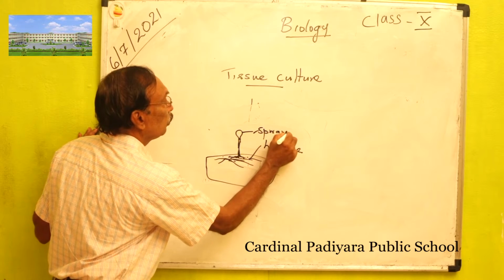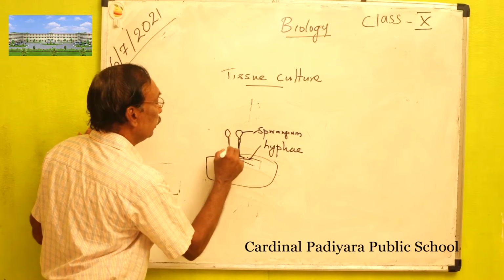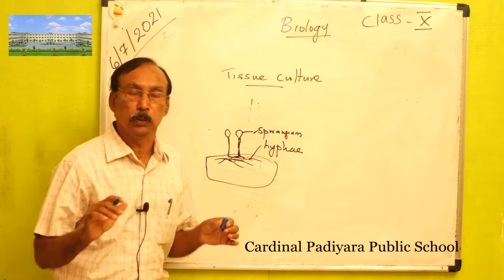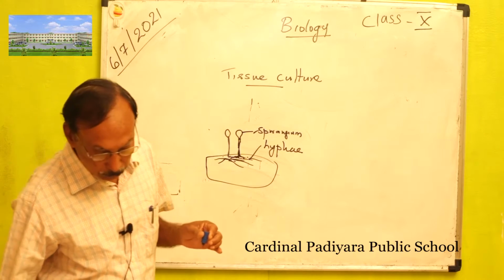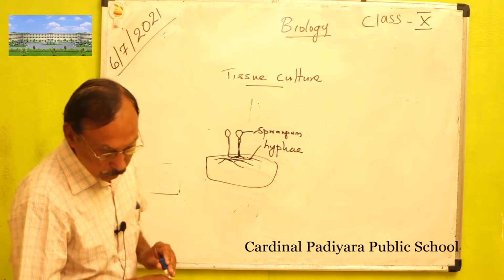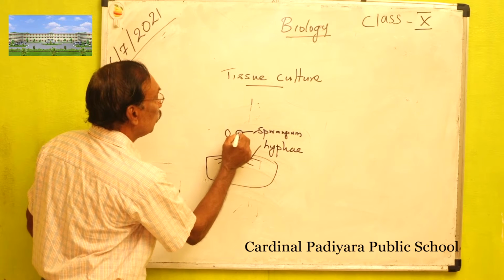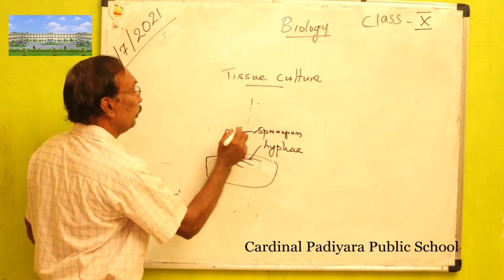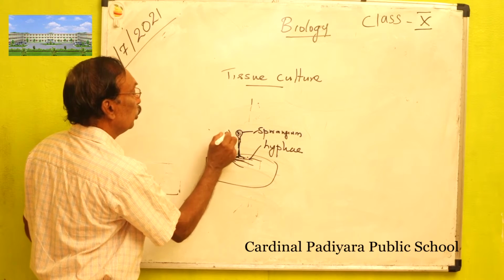So many sporangia will be produced, and the bread appears a little bit greenish in color. Inside the sporangium, small dust-like spores will be developed. Once the sporangium breaks, the spores will be released.